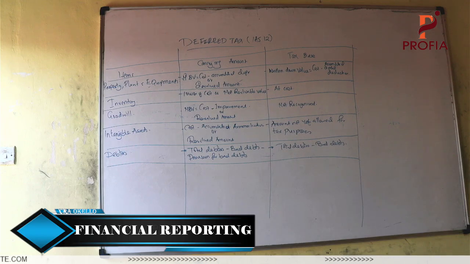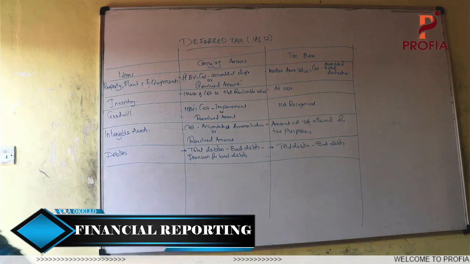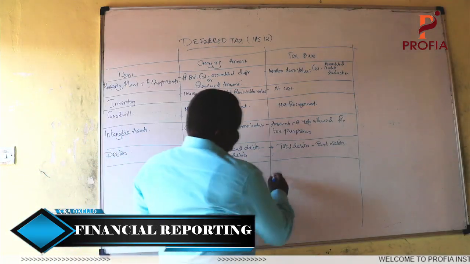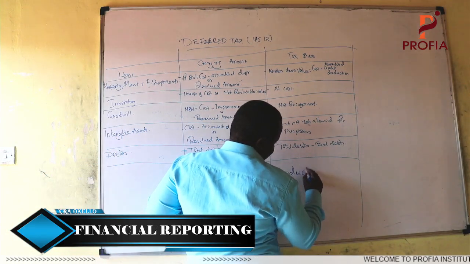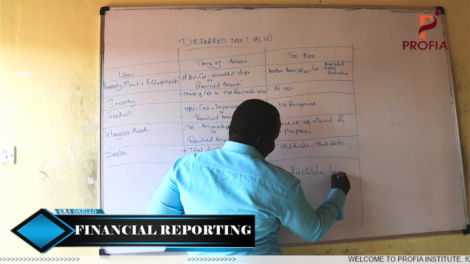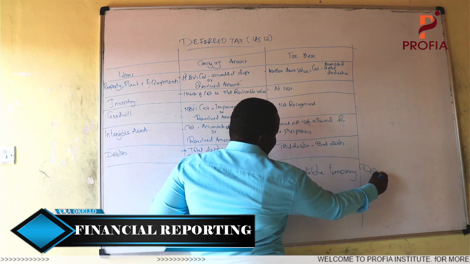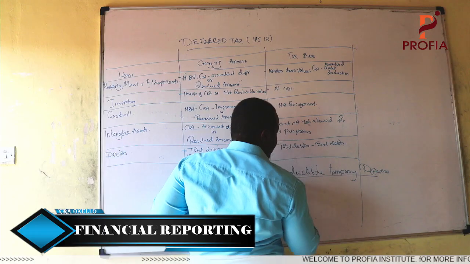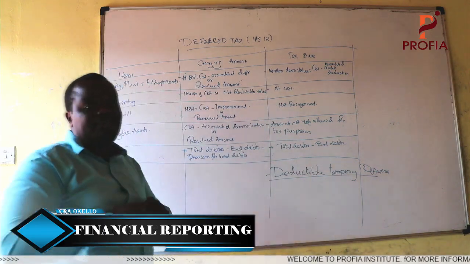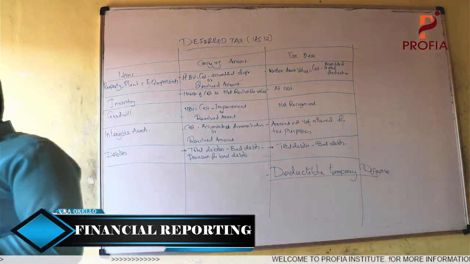We move to the next subtopic, which is B, deductible temporary difference.